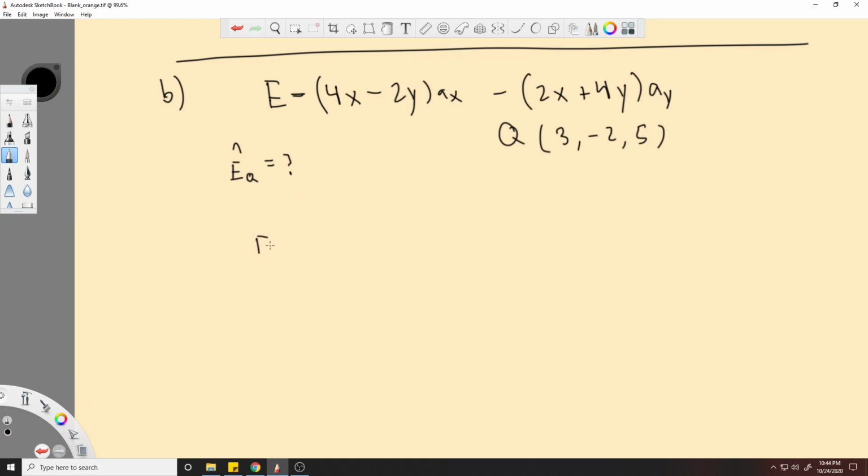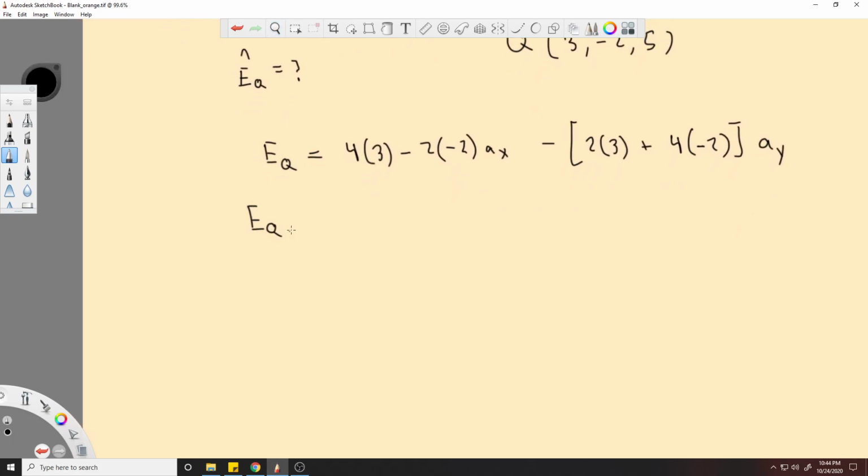So plugging in, we will get E of Q, and that'll be 4, plugging in the x at 3, minus 2, plugging in the y at minus 2, the x minus, in brackets, 2 times 3, oh whoops, 2 times 3 plus 4 times negative 2 in the y direction.